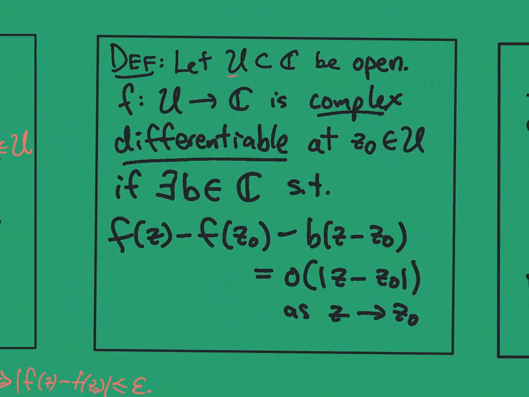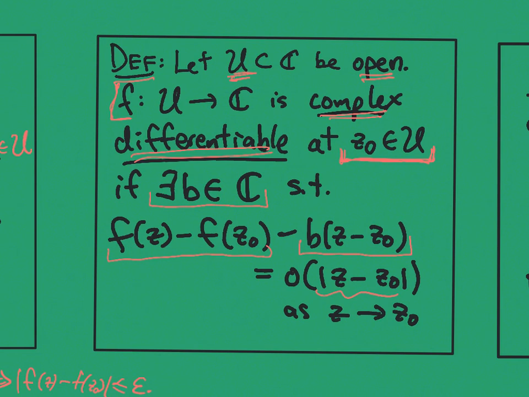So again, let U be an open set in the plane, and let f be a function defined on U, and we say f is complex differentiable at a point z0 inside of U if f has this linear approximation property near z0, which means there exists a b in the complex numbers such that this difference, f of z minus f of z0 minus this linear term, is much smaller than a linear term in some sense.